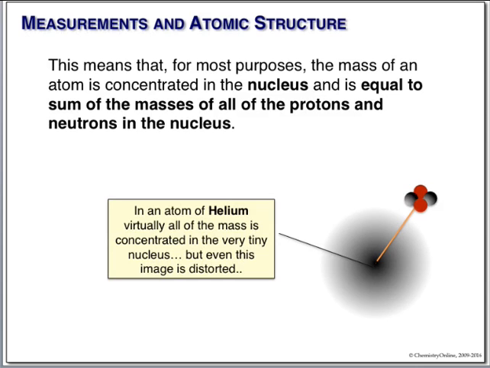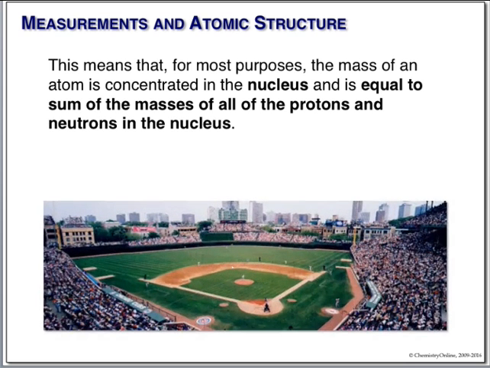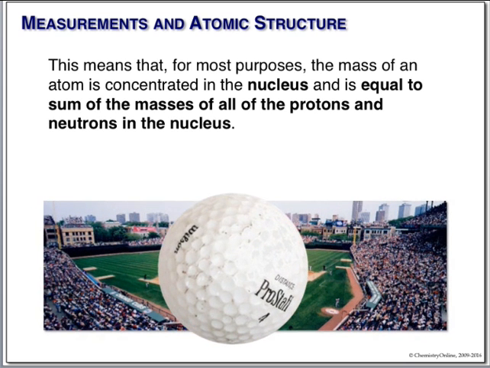But even this picture that I've drawn here is distorted. Let's look at something a little more familiar. This is Wrigley Field, and that's a golf ball. Let's pretend that the golf ball is the nucleus, not just a typical atom.